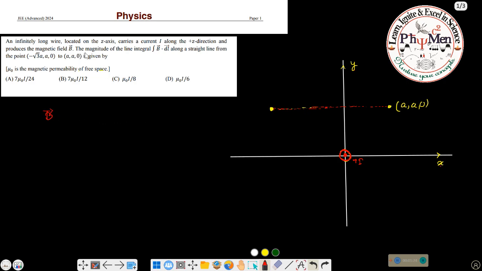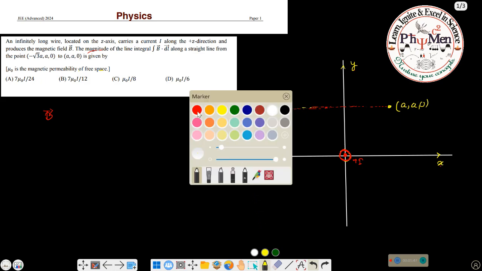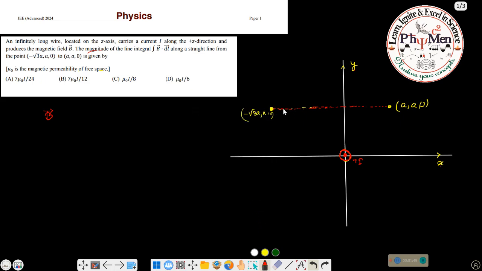The magnitude of the line integral B dot dl along a straight line from the point minus root 3 a comma 0 to a comma 0, the straight line connecting these 2 points, is asked.